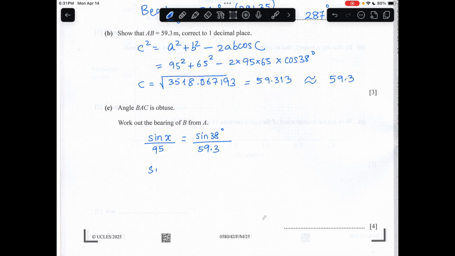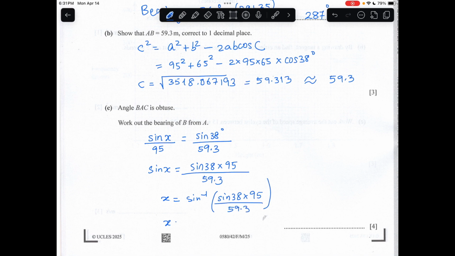Cross multiply, that gives me sine X equal to sine 38 times 95 divided by 59.3. So X is going to be sine inverse of sine 38 times 95 divided by 59.3.